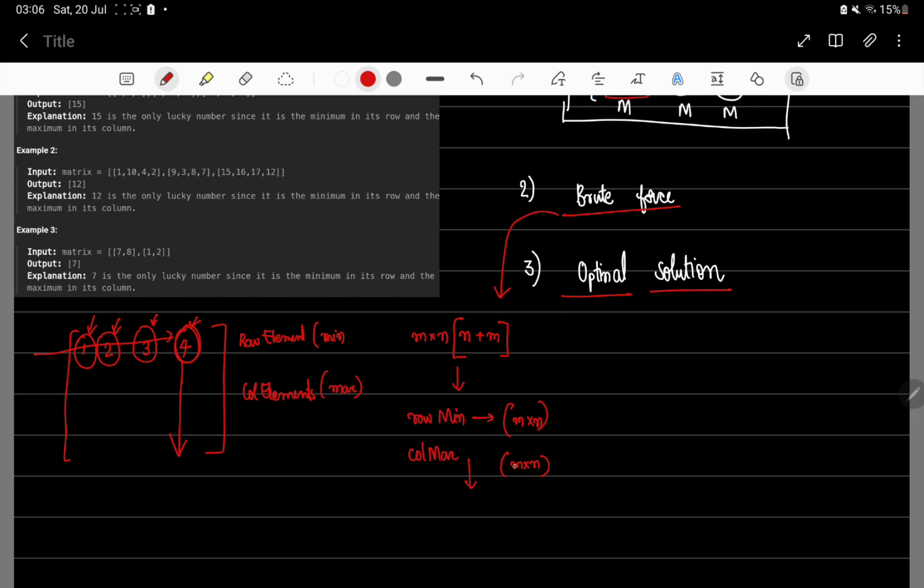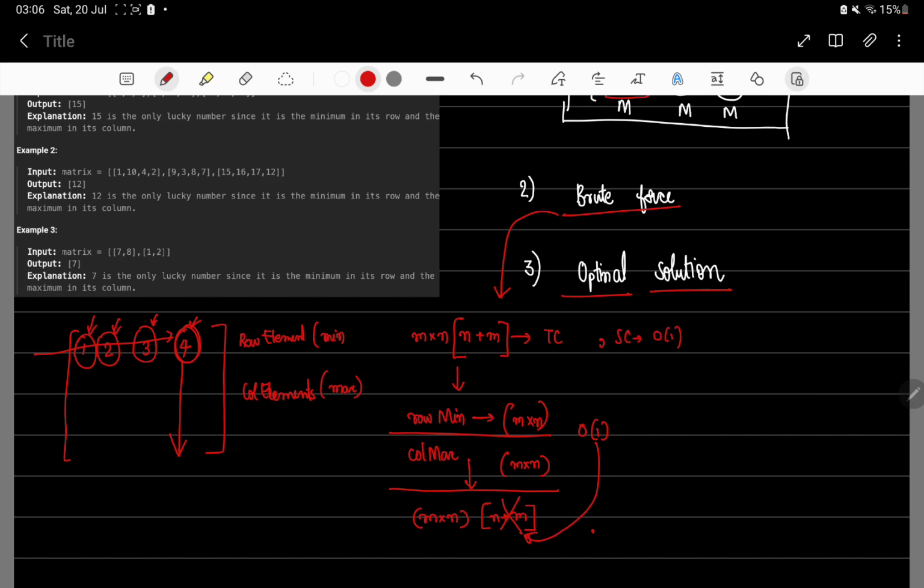But when we are doing it for each of the elements, it will again be m into n only and not m into n plus m, because this part will be negated. We have already pre-processed the arrays, which will give us in O of 1 time the value which was being calculated on the fly earlier. But while the time complexity was this much, the space complexity earlier was O of 1.